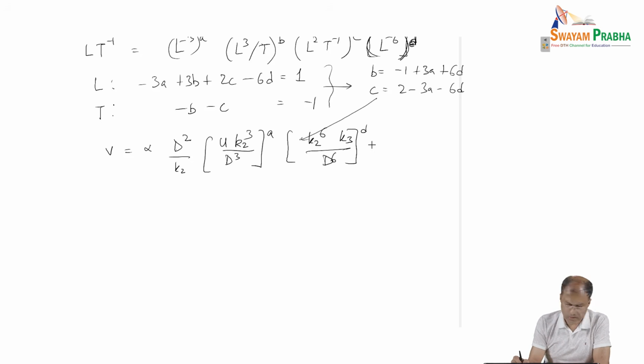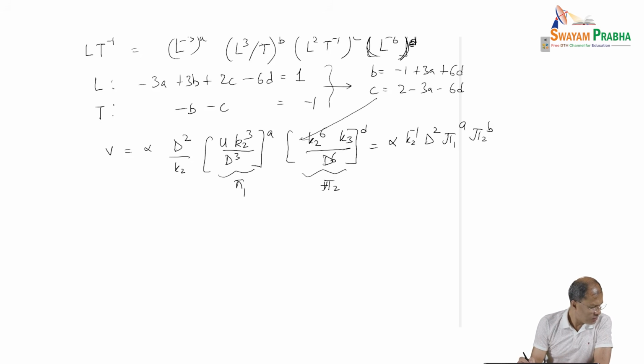And then we can see that this is also equal to alpha k2 inverse d square pi 1 to the power a pi 2 to the power b, where my pi 1 is this group u k2 cube by d cube and pi 2 is this group.